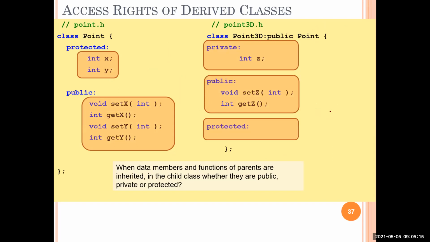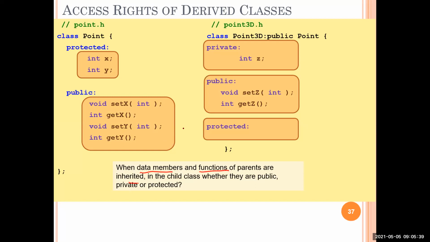So you see, we agree that with inheritance, the data members and the member functions of the parent class are inherited. It means they will become a part of the child class. But we did not discuss whether they will be a private member, public member, or protected member in the child class.